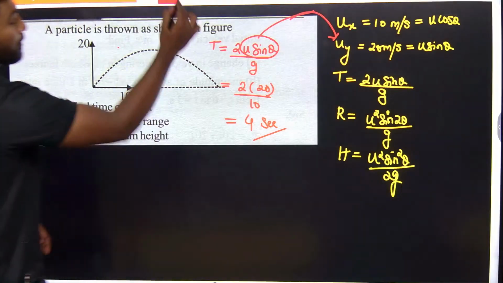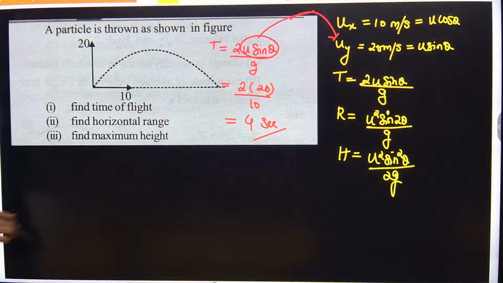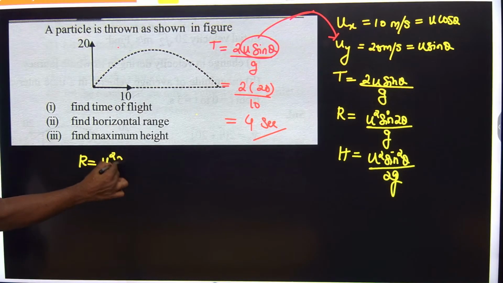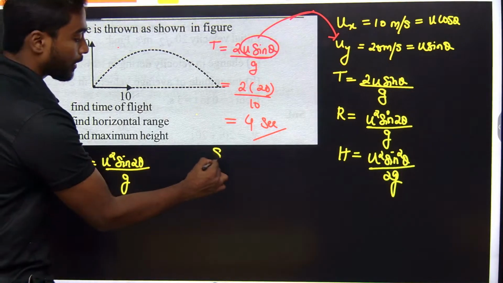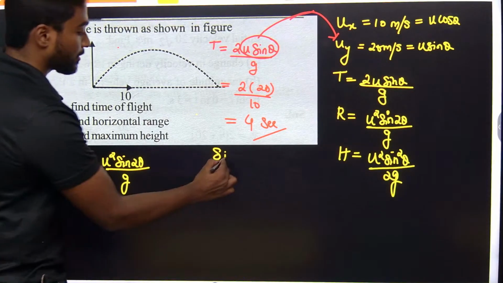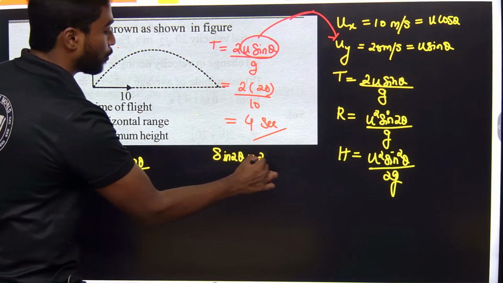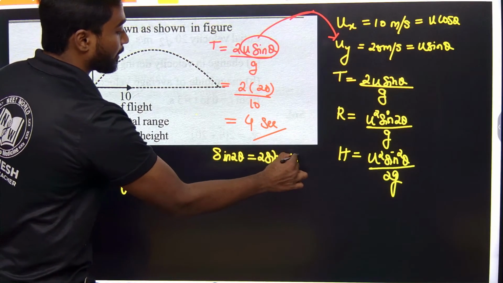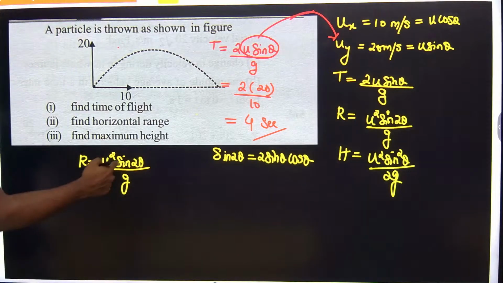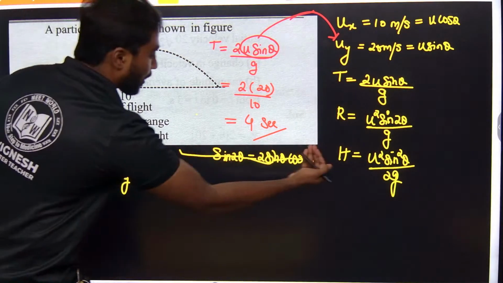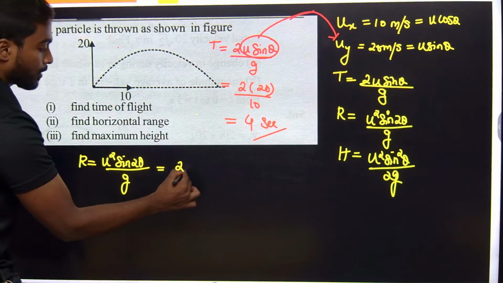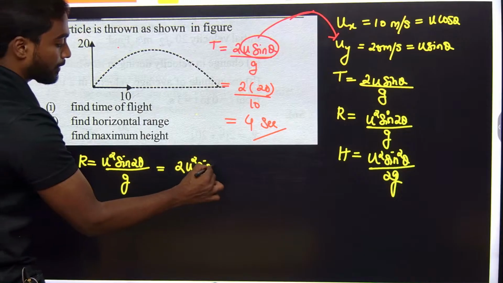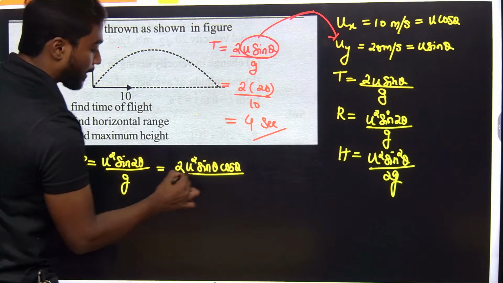You got the answers now? So R is equal to u square sin 2 theta by g. We have discussed in the previous problem that sin 2 theta can be written as 2 sin theta cos theta. So this can be expressed as 2 times u square sin theta cos theta by g.